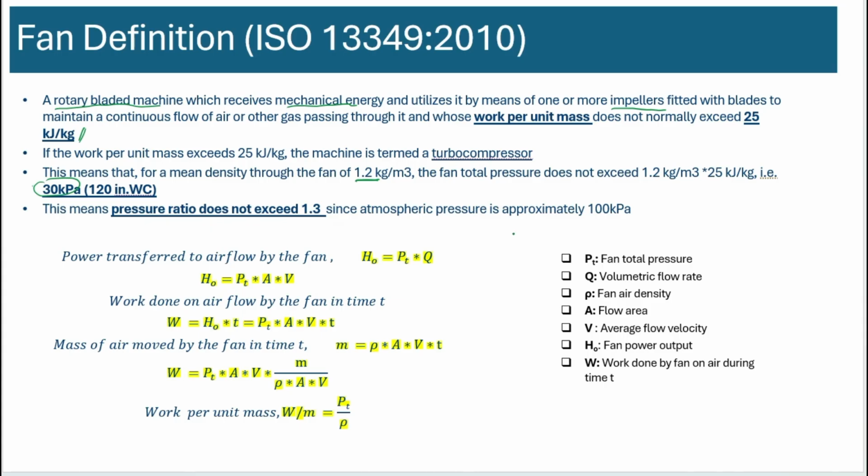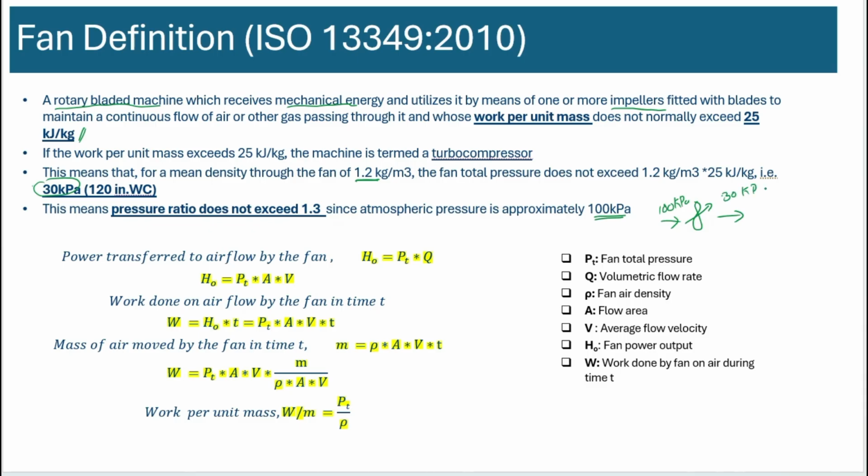Now, what does this mean? The pressure ratio does not exceed 1.3 since the atmospheric pressure is 100 kilopascal. So if you're operating at atmospheric pressure and you have a rotary bladed machine, if you're operating at 100 kilopascal in air, across the fan you cannot have a delta of 30 kilopascal.